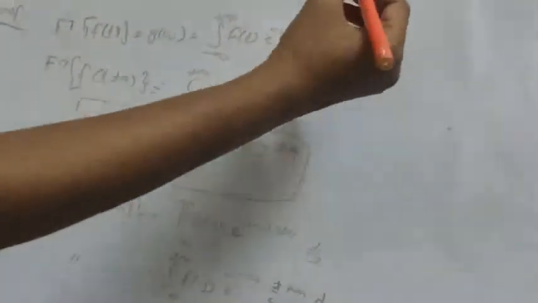Now, among this, you bring e power plus or minus i omega a out of the differentiation. Sorry, out of the integral term. So what you will get here?